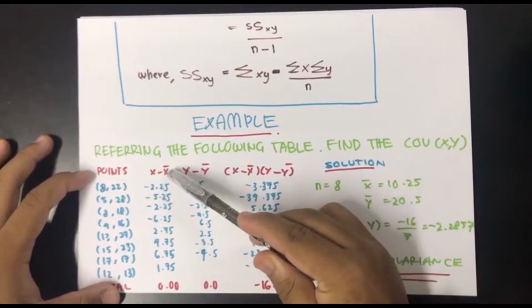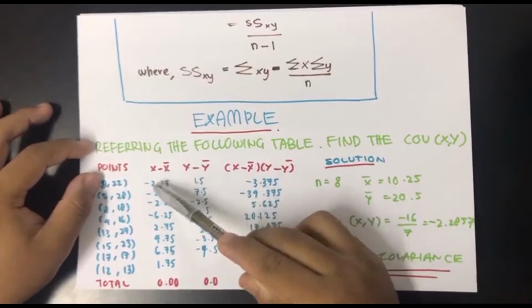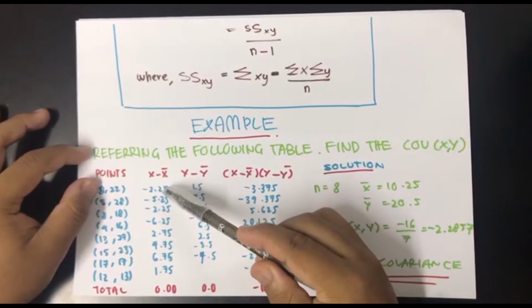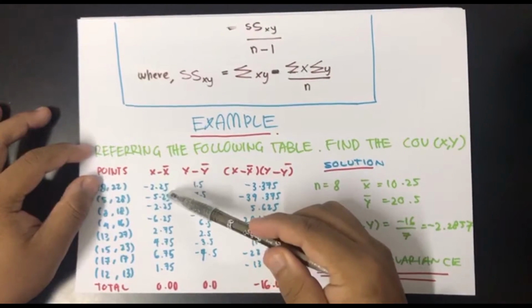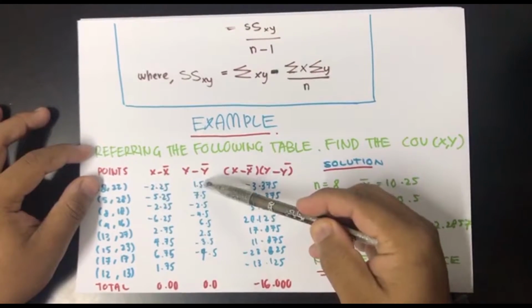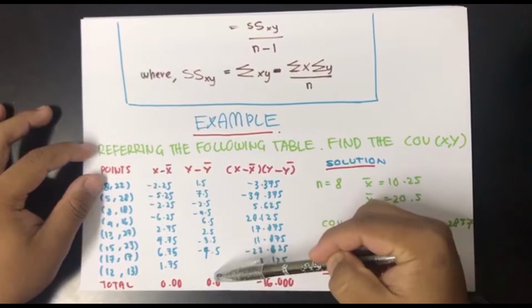For this value, you must minus the value of x with the mean, and you will get negative 2.25, and so on for this value. And also y, you will get the value for each of the data.